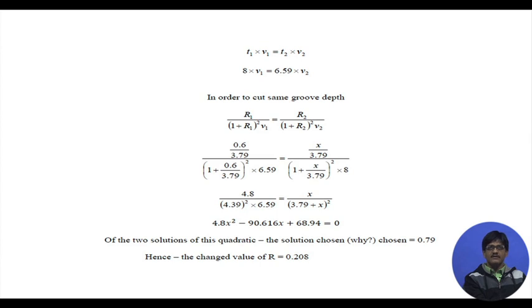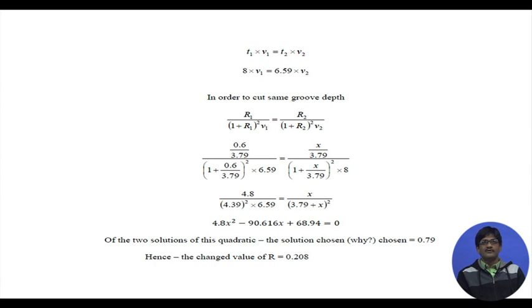Yes, R1 is equal to 0.6 by 3.79. 0.6 was the previous abrasive mass flow rate, and water mass flow rate remains the same, which is 3.79, and we are considering that x is the present mass flow rate of abrasives. What about our velocities, grooving velocities?